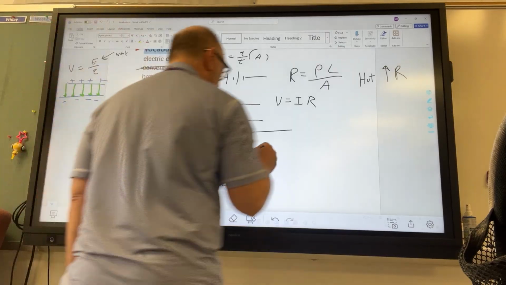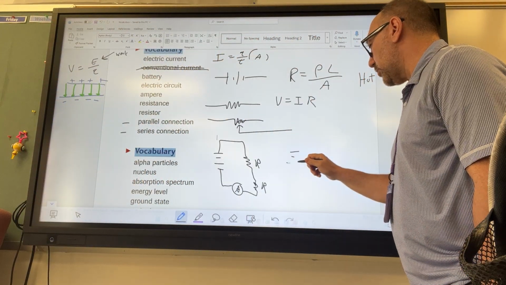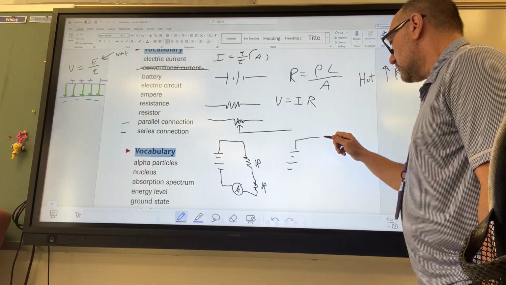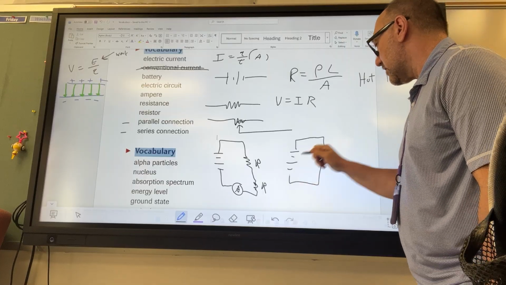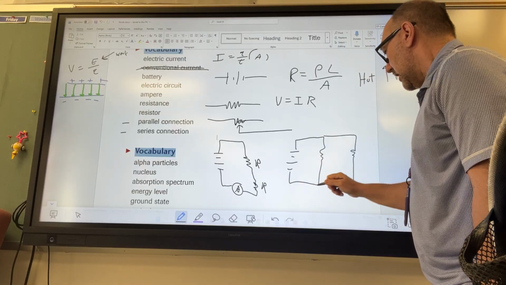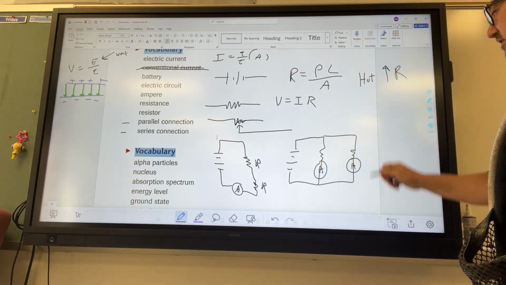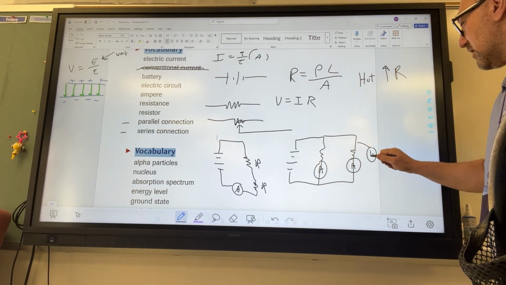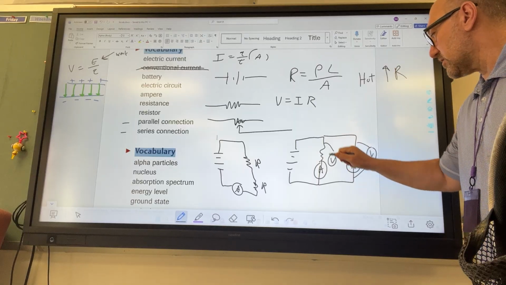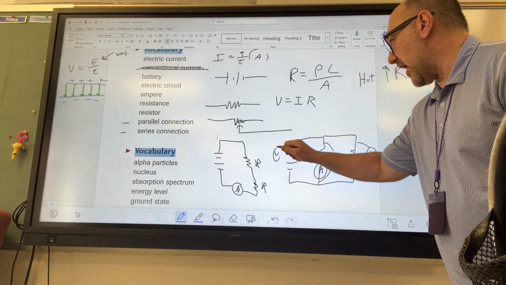And a parallel connection has multiple paths for the current, and so each branch is going to have its own current, and the voltage in each branch is going to be the same as the battery.